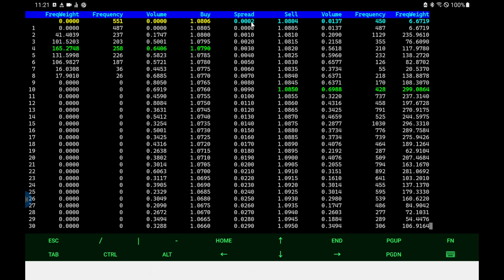So this order book is slanted, or it is analyzing the long positions of the market. Let's get into the details of what we are actually looking at.